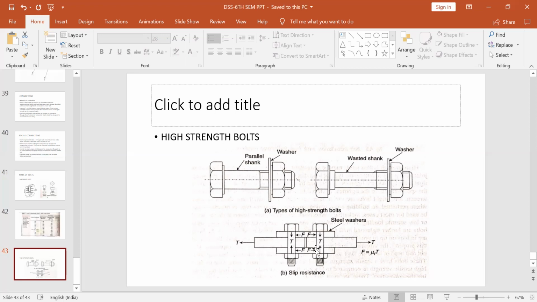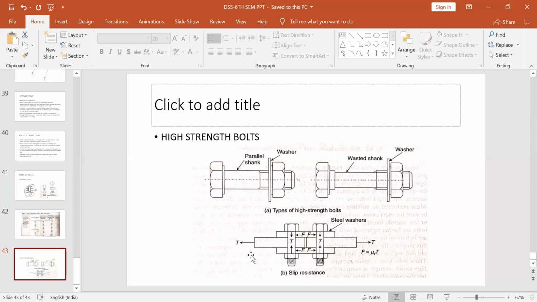This you know from mechanics properties. So mu into F will be the friction load that is transferred to these two plates. And since you are providing steel washers, the clamping pressure is also registered here. So this is how the load transfer takes place in high strength friction grip bolts.